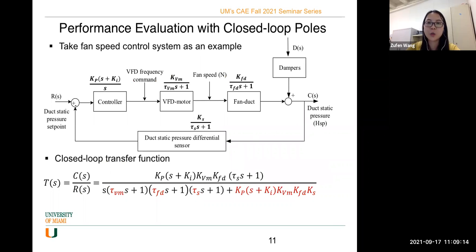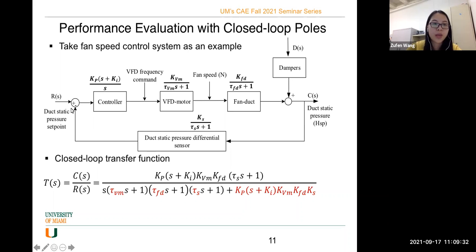Luckily, we have the closed loop poles that can be used to evaluate the control performance without the time domain simulation. Here, take the fan speed control system as an example. This is a block diagram of the fan speed control.